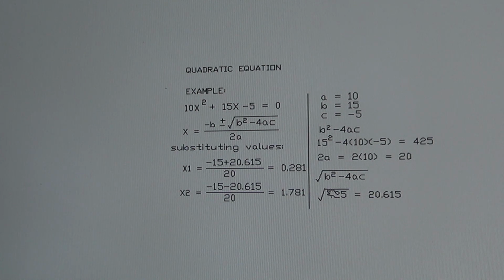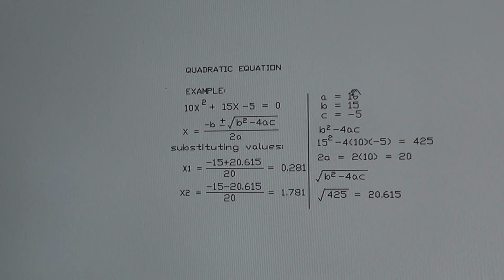Now I'm going to show you the program. Even though I have the program, the Python programming, when you write a book you still have to type it. I'm going to show you how quickly the program will give you that answer, the 0.281 and the minus 1.781.